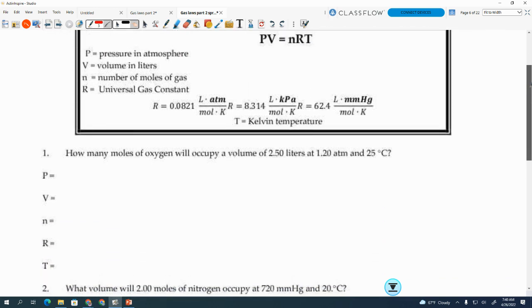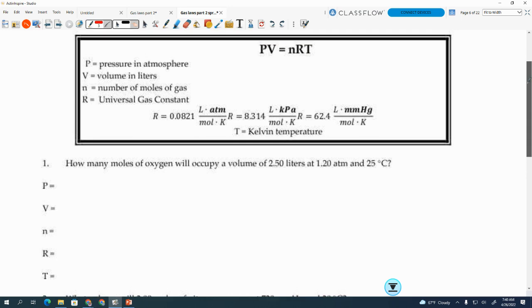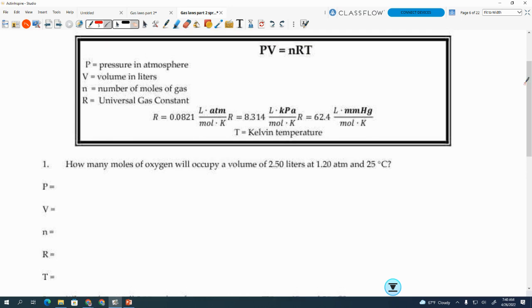Now, I do want you to notice on this sheet, I gave you 3 different R's. I'm not going to use any of these. I'm going to always convert to the right thing.